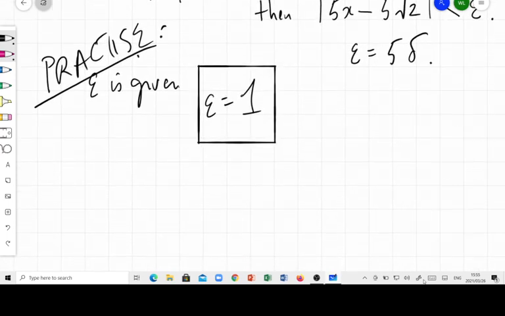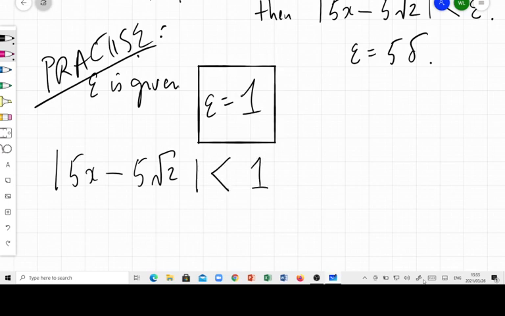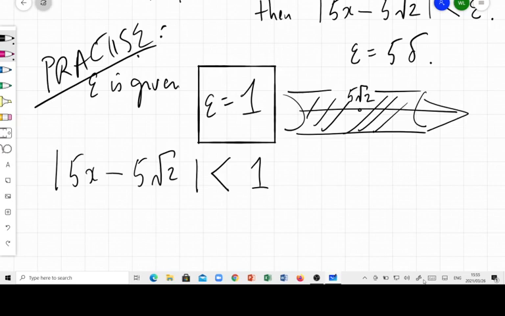Then I will say that I want my 5x to be within distance 1 of 5 square root of 2. So here this is 5 square root of 2, and it must be within distance 1. So this is 5 square root of 2 plus 1, 5 square root of 2 minus 1, and so this is my 5x.